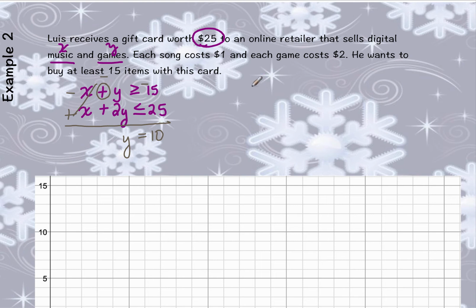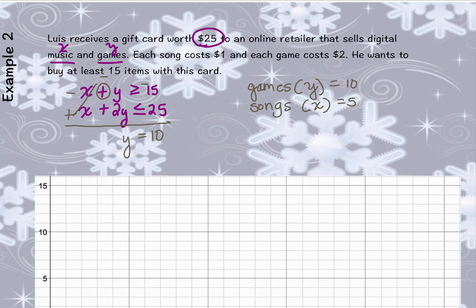So we know the y, which are the games, he could buy 10. And then if we put this in, the songs, which are x, well, I'm going to go back to this one. 10 plus what equals 15? Well, that's going to be 5. So we know that's a boundary.